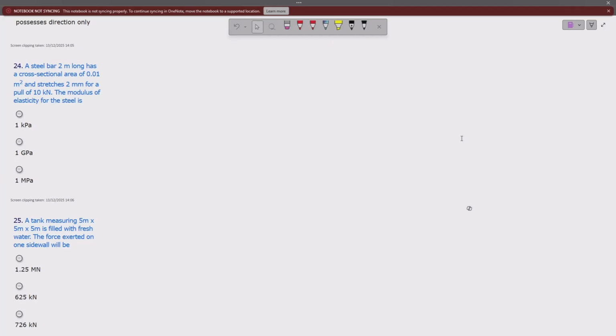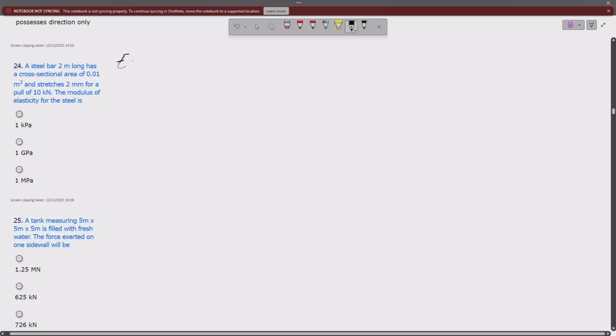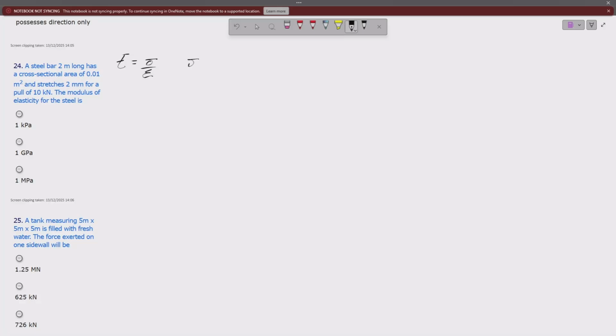Question number 24. A steel bar 2 meters long has a cross-sectional area of 0.01 meters squared and stretches 2 millimeters from a pull of 10 kilonewtons. The modulus of elasticity of the steel is, we know the modulus of elasticity formula to be E equals stress over strain, and we know stress equals force over area.